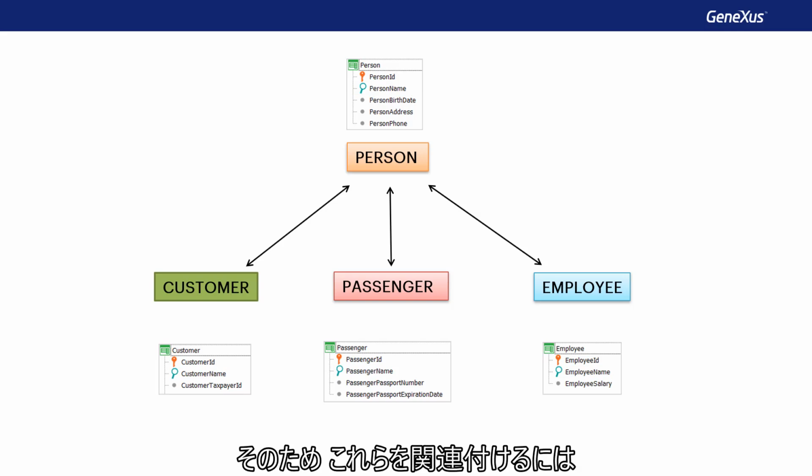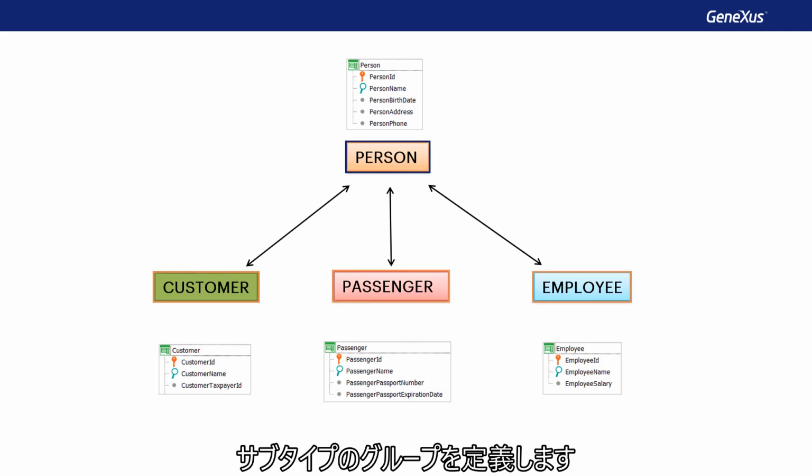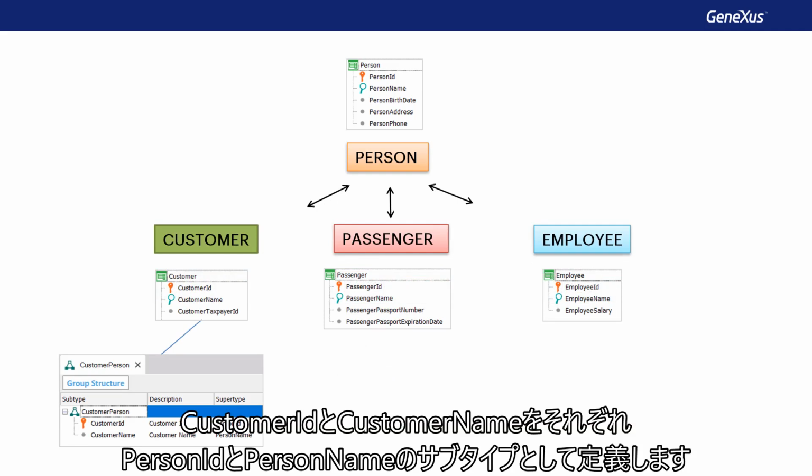So to relate them, we're going to define groups of subtypes to indicate that customers, passengers, and employees must be valid, in other words, previously registered, persons. We create a customer person group, where we define customer ID and customer name as subtypes of person ID and person name, respectively.